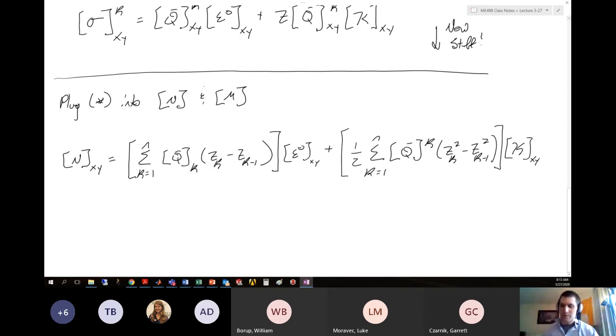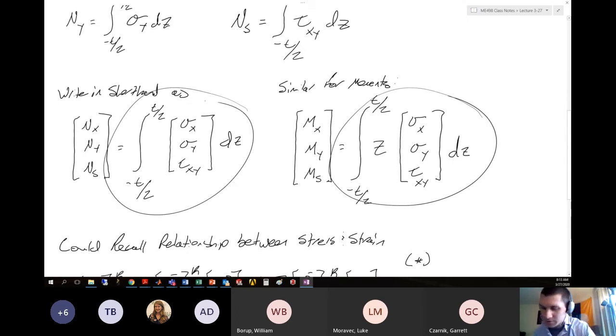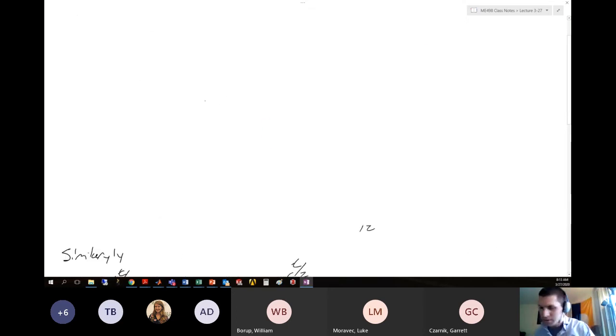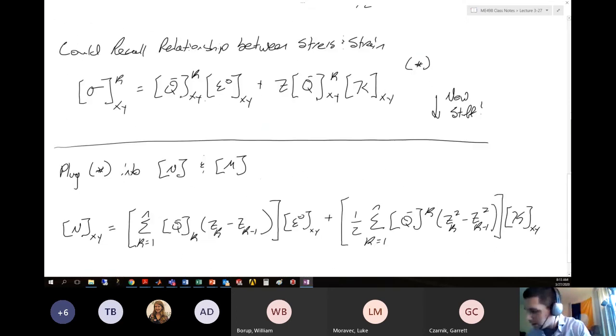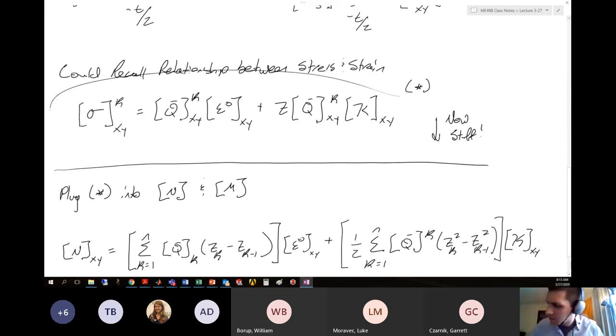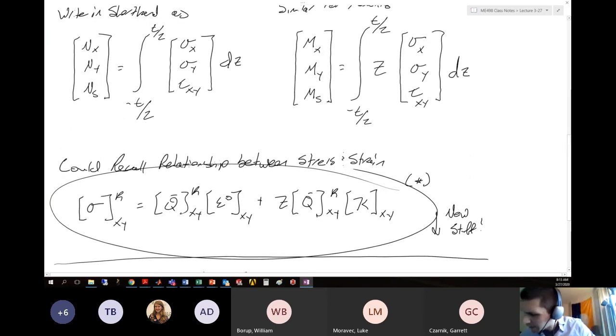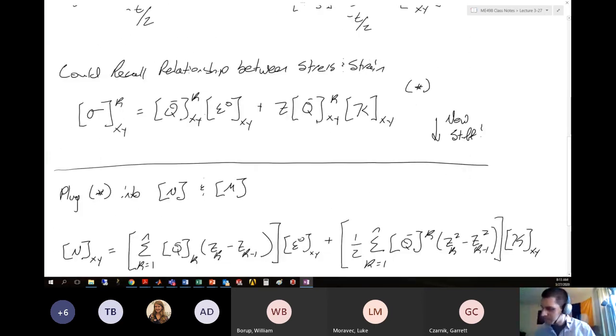Okay, what have we done here? Well, we've moved from this general expression and this general expression, which are integral equations, and plugged in this guy there. I've also taken the time to actually perform the integration.